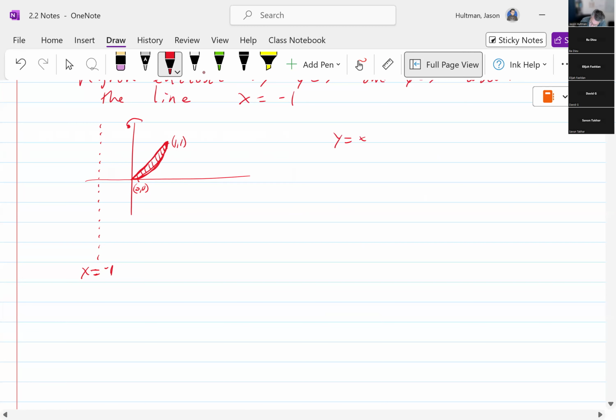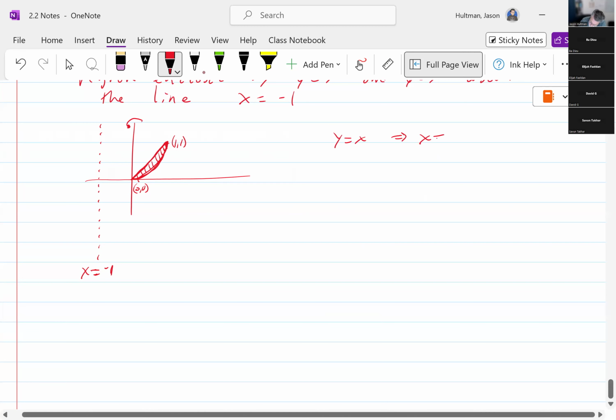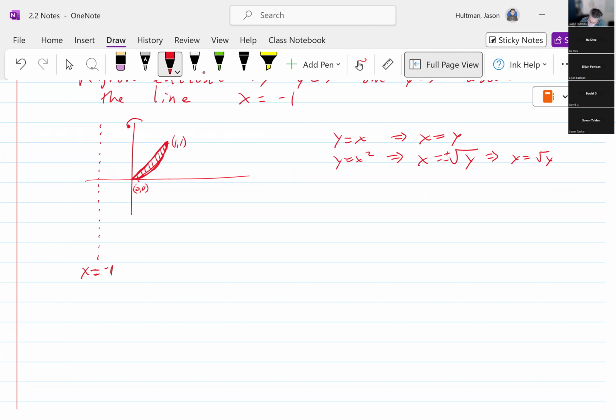So for y equals x, that implies x equals y. For y equals x squared, that implies that x equals the square root of y. Okay, and we take the positive, this could be plus or minus, but we take the positive of that because x has to go from 0 to 1.